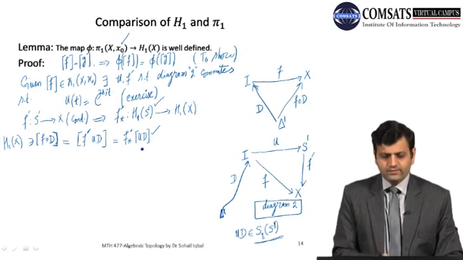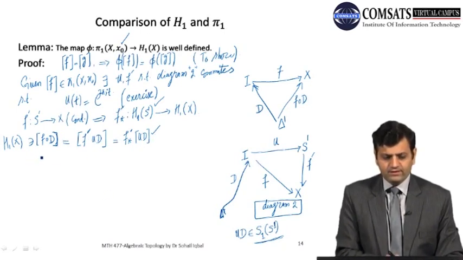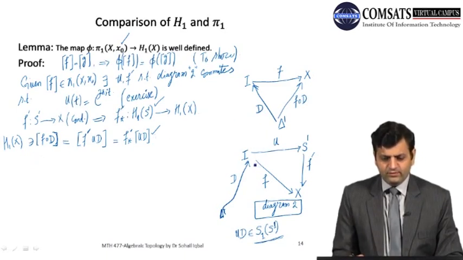Now if there is another element, g from I to X, we are now going to this part of the proof: when the classes of f and g are equal, then their images are equal.